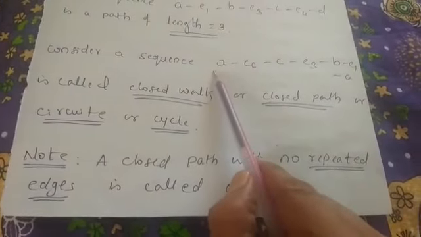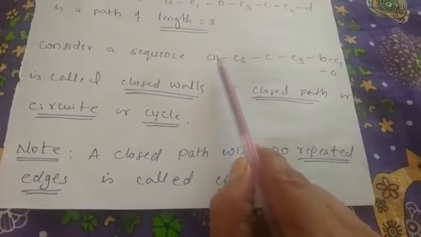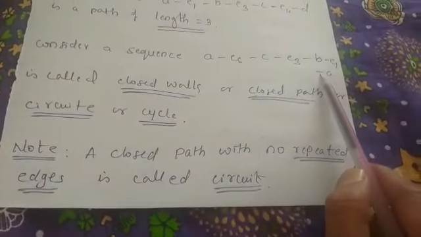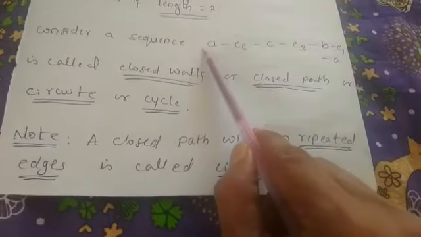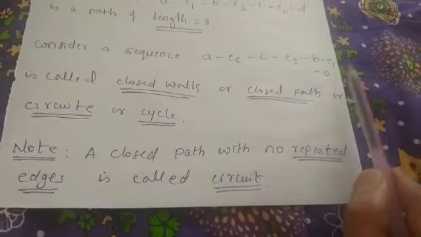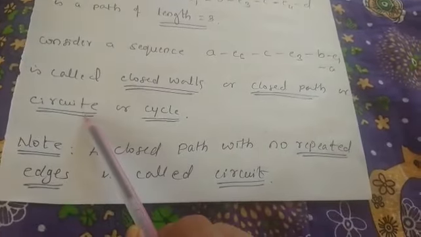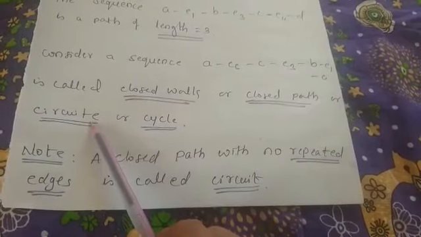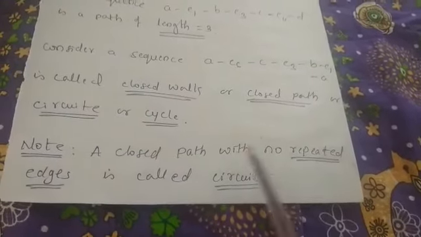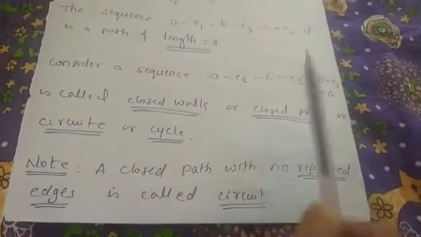In this example, the vertices are not repeated excluding the endpoints, and the edges are also not repeated, so we can call it a circuit. A closed path with no repeated edges is called a circuit. If edges are repeated, we can't say it is a circuit.